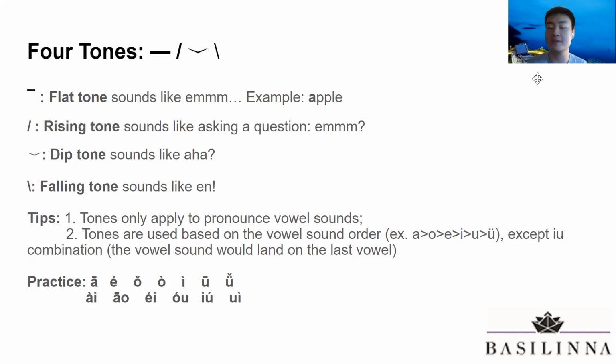Okay, the last one is to make sure, oh, I know this answer. Do you know this answer? So this is the falling tone. So let's review it again. The first one, flat tone. Second one, rising tone. Third one, deep tone.